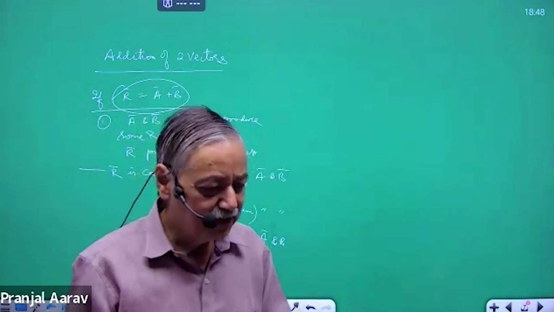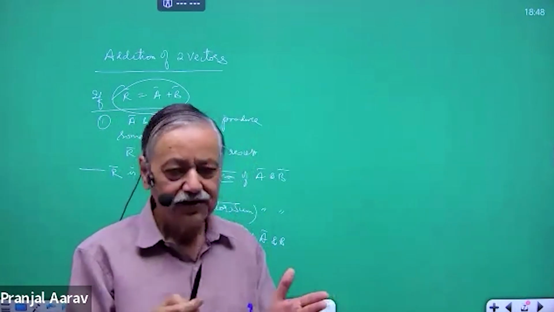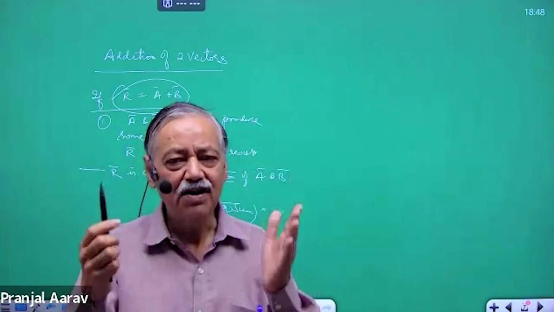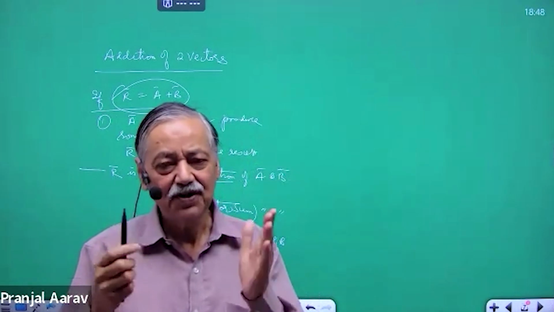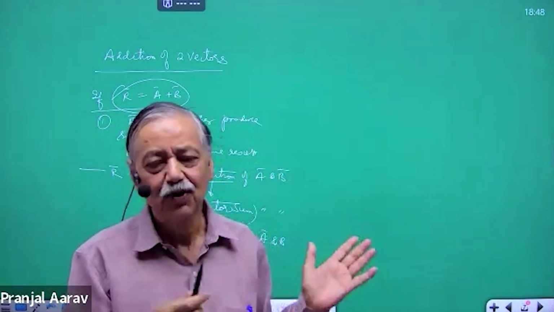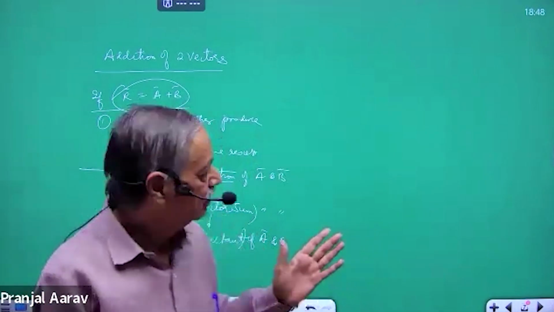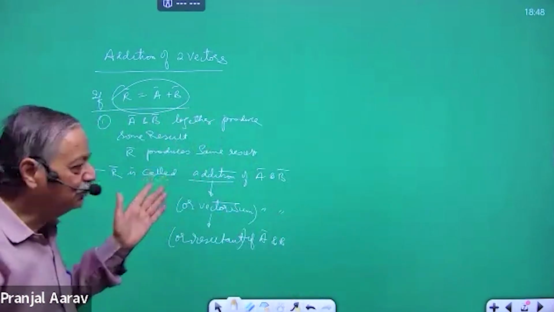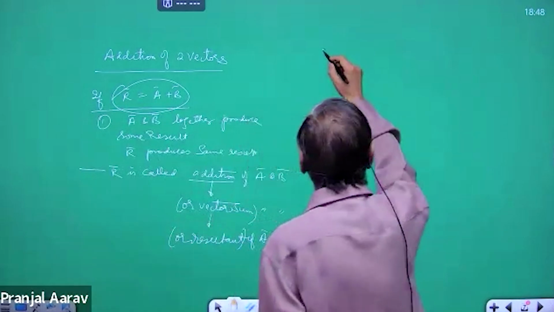A does something, B also does something separately. Then what is R? R is what they do together, R will do alone. Is it clear now? Yes, sir.